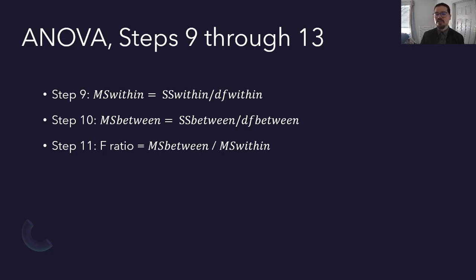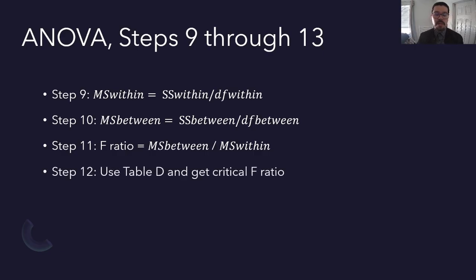And so the t-distribution kind of accounts for not necessarily knowing if our data is going to meet that bell-shaped curve. With the F ratio, it's just doing that same process, but now with the understanding that we are working with more groups. So we have to make those accommodations for the differences between our data, meeting the expectations of being a normal distribution. And then finally, we would use table D to determine the critical F ratio.